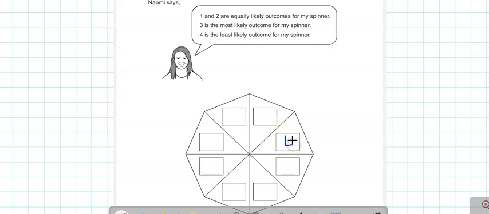I will make only one 4. 1 and 2 are equally likely, but they have a chance more than 4. So I will write 1 and 1, 2 and 2. And 3 is the most likely, so 3 has a better chance than them.